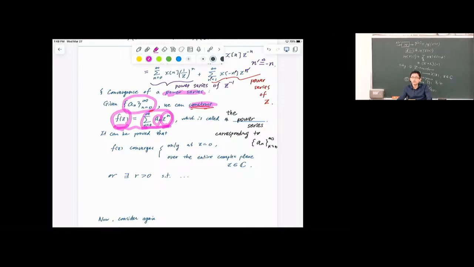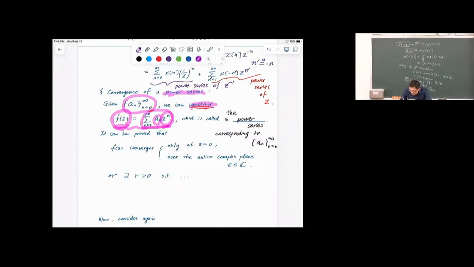Only three cases. Okay? Case number one, we're lucky, the series converges everywhere on the complex plane. It's possible. It's possible that it may converge over the entire complex plane. So that's one possibility.